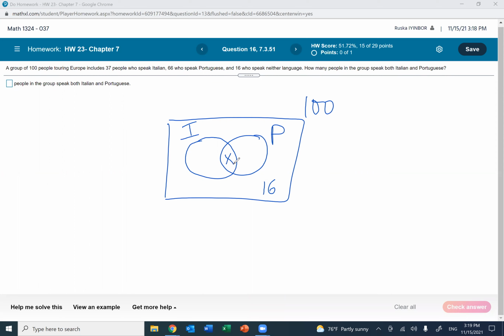What is X? Okay. If the people who speak Italian is 37, then this area here is going to be 37 minus X. This area here for Portuguese is going to be 66 minus X. When I add all these areas, I'm going to get 100. So that's going to be my equation to solve. I'm adding this area plus this area plus this area plus this area. The total is 100.